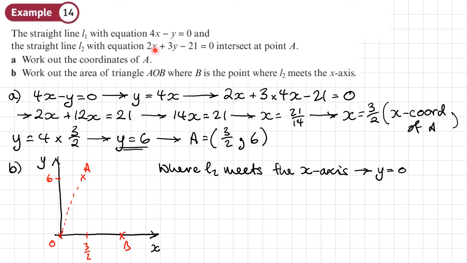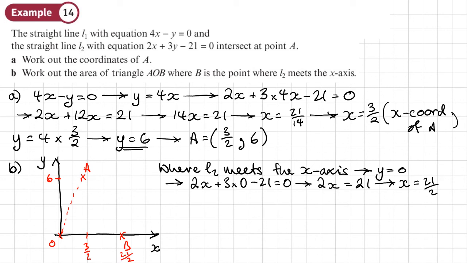So we'll take the line L2 and we'll make y equal to 0. So that will give us 2x plus 3 times 0 minus 21 equals 0. That's basically 2x equals 21. So x equals 21 over 2. So that's the coordinate value here, 21 over 2.